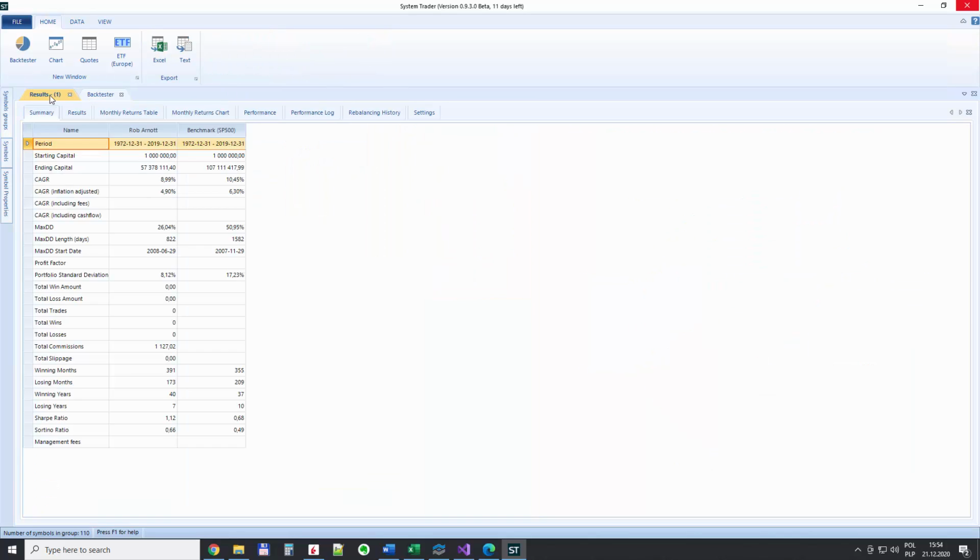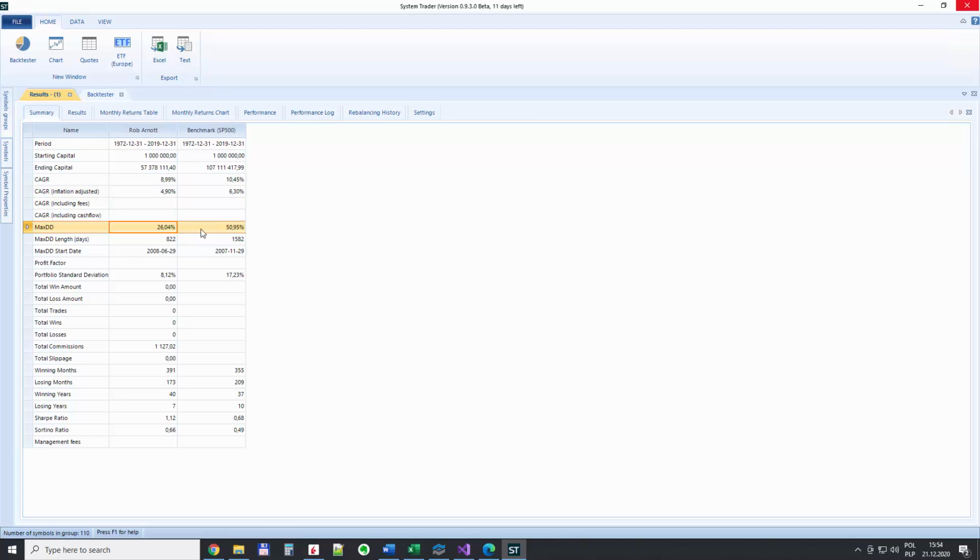And from 1973 till the end of 2019, the portfolio produced almost 9% per year on average, which, if we apply inflation, makes almost 5%, which is pretty nice, especially if we look at the maximum drawdown of the portfolio, because of course the return is less than what we could get from the S&P 500.